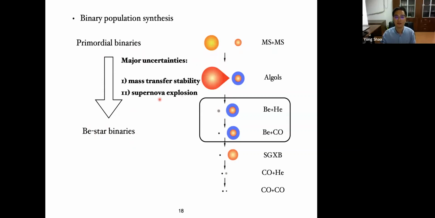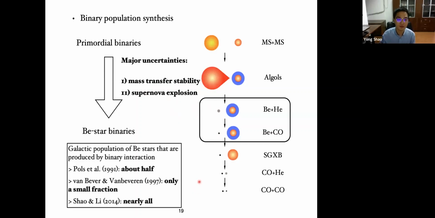However, there are many uncertainties during binary evolution. Here I list some important ones, for example, the mass transfer stability during the mass transferring phases, and the supernova explosions that form neutron stars or black holes.